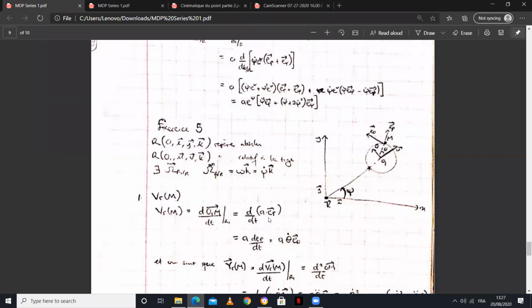So when we are deriving this, even though we're deriving it in R1, e rho is still going to be mobile, okay? Because e rho is moving with the point M, and le repère relative is this one here, UV. So that means when you stand in UV and you look at this repère, e rho, e theta, it's still going to be moving, still going to be mobile. And that's where mechanics really calls for your imagination.